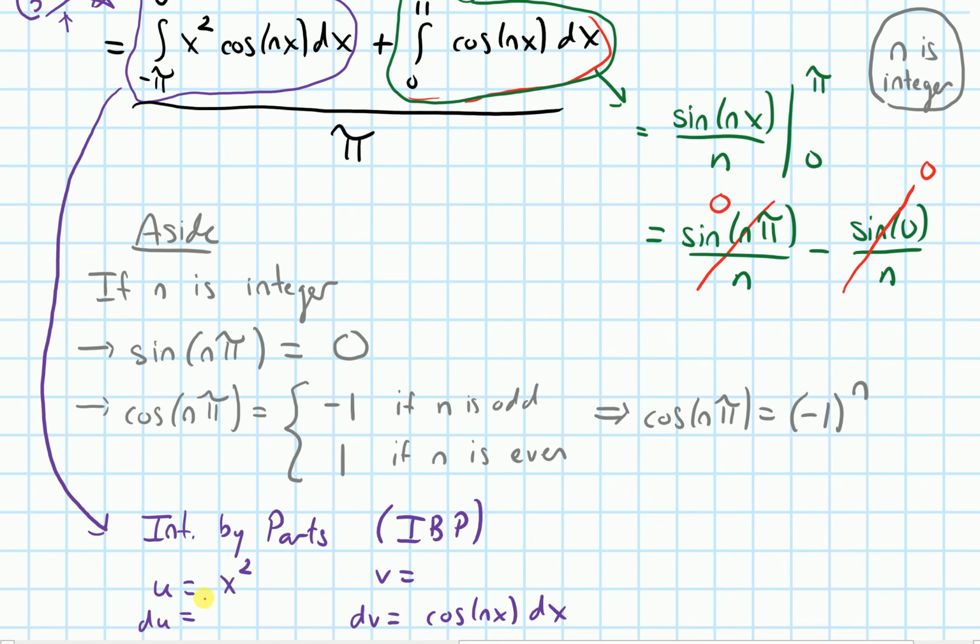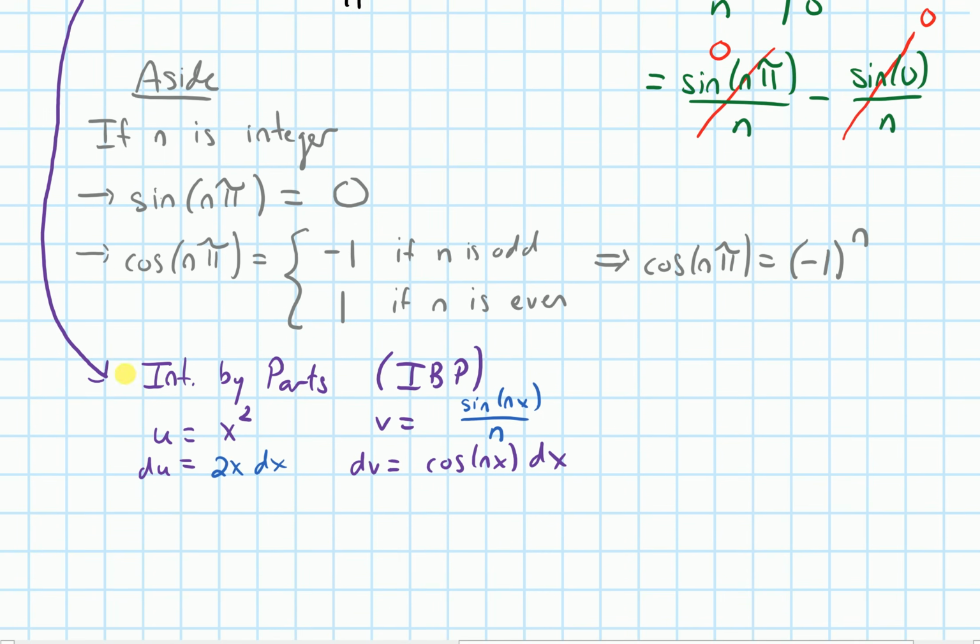So if the derivative of this term is simpler than what u was, it's probably a good choice for u. If we take the derivative of x squared, we get 2x dx, which is simpler because it has lower power. Then if we take the antiderivative of cosine of nx to get v, we get sine of nx over n.